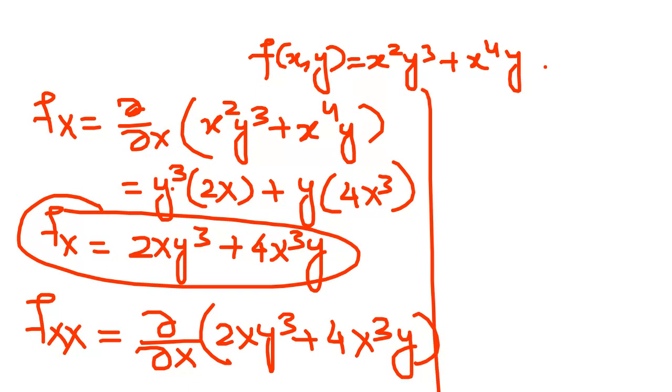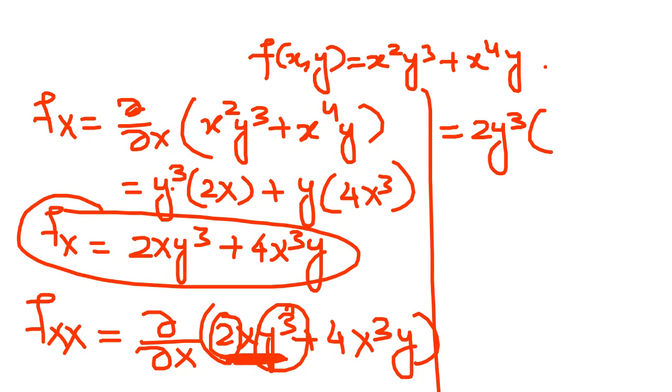So partial derivative of this one with respect to x means you have to treat the other terms as constant. This is constant, this is constant, only x left, so I write here 1 plus... See here, from this one to this one you have to do the partial derivative again.